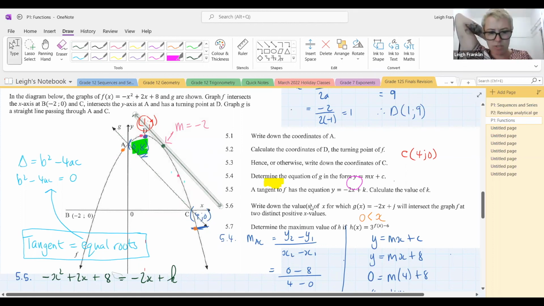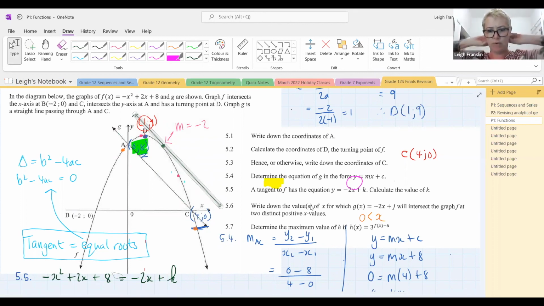Just lost my train of thought. Write down the values for which k will intersect the graph at two distinct positive x values. So it has to be greater than 0, and k or j has to be smaller than 12.